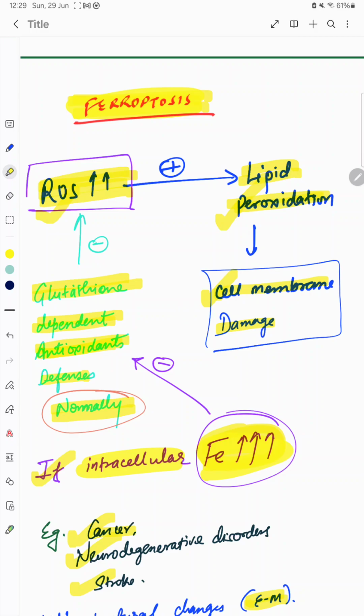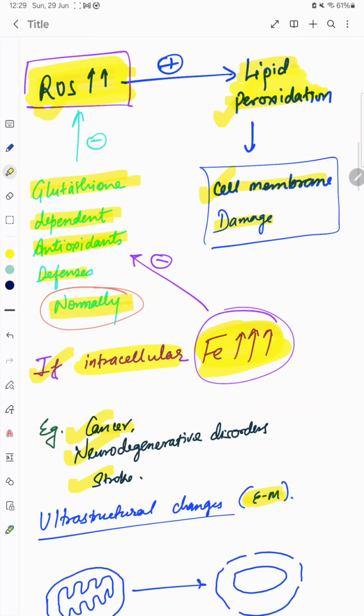So reactive oxygen species go unchecked and cause lipid peroxidation of the cell membrane and result in cell membrane damage.